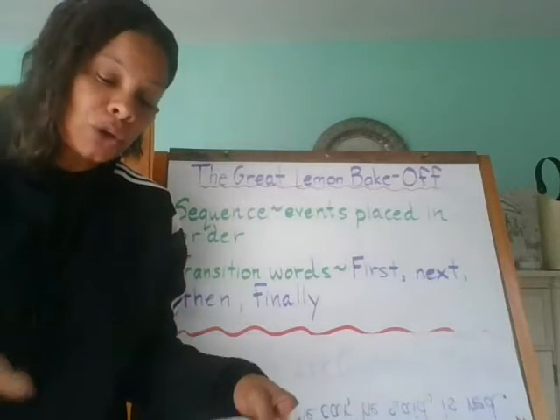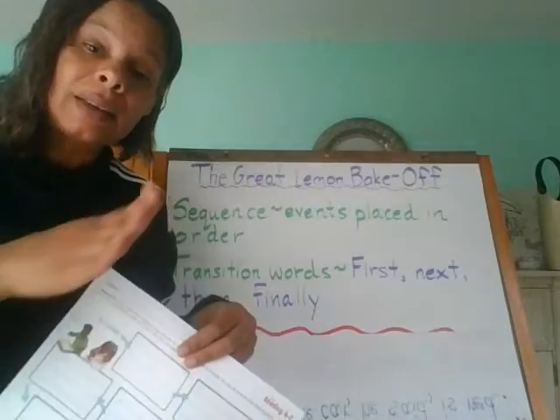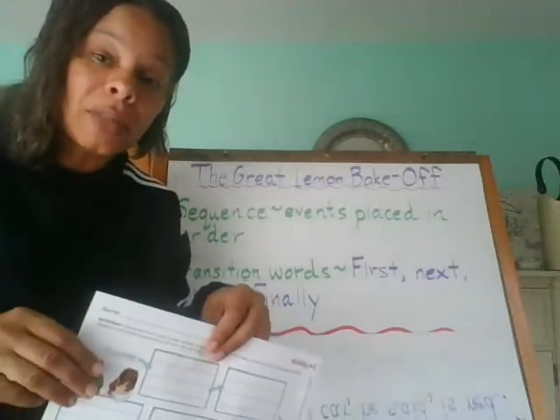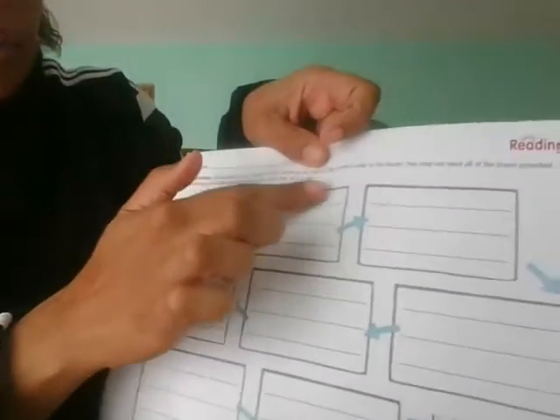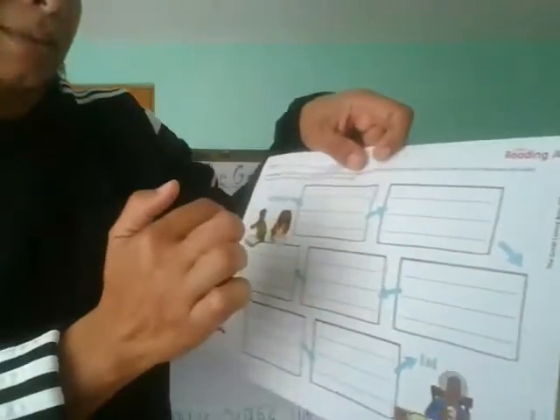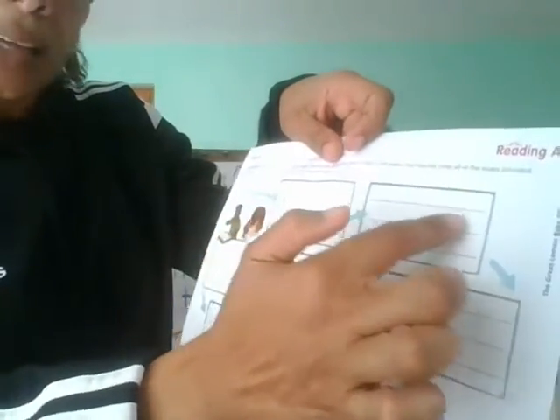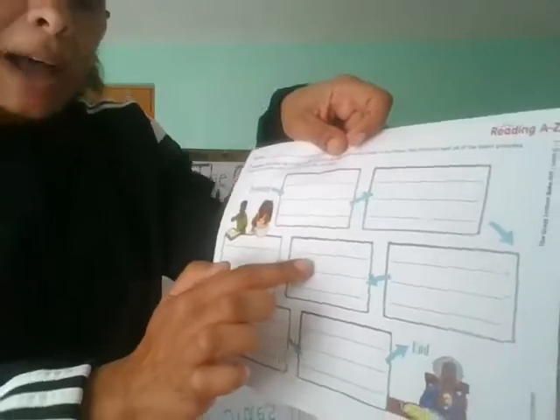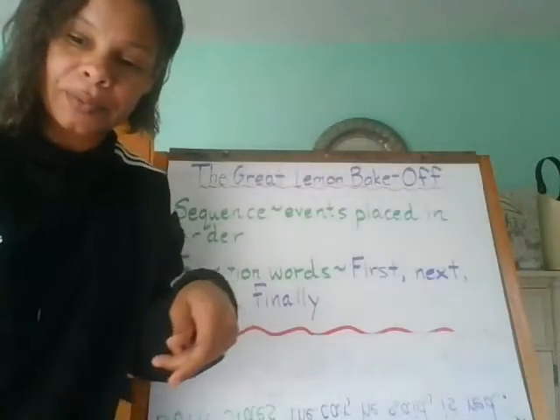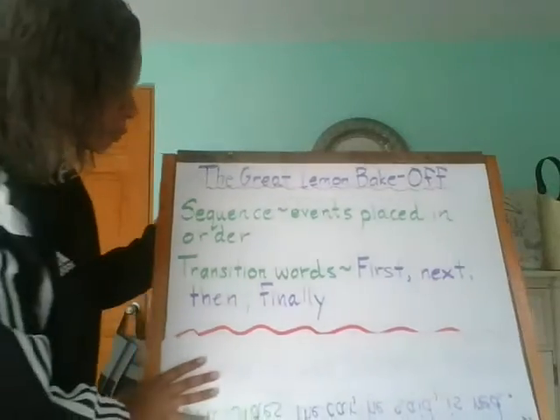Pick one of these children, and write the sequential steps of their lemon bars. This is the beginning. You would write first, and what the first step is, next, and what the next step is, then, and what the next step is, and then finally, what the last step is. Okay, very straightforward.